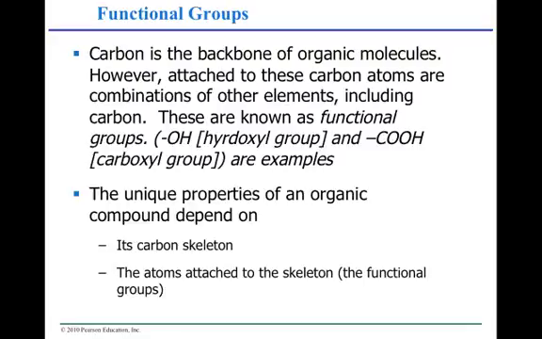And then you have COOH, which is a carboxyl group. Now you're going to see some pictures of this coming up, but those are groups that attach to the carbon-hydrogen backbone. So you have the carbon skeleton or backbone, and then you have these functional groups attached to the backbone.